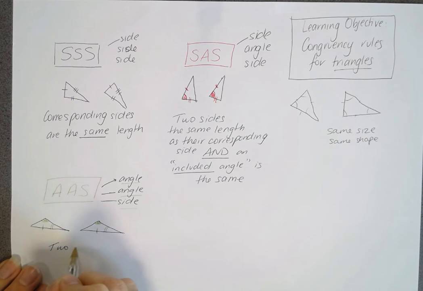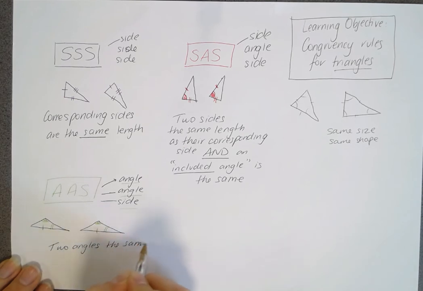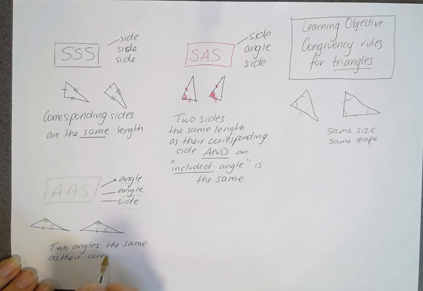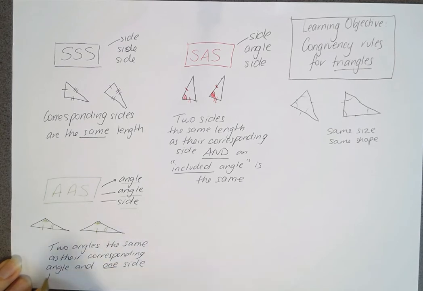So 2 angles the same as their corresponding angle, and one side the same length as its corresponding side on the second triangle.